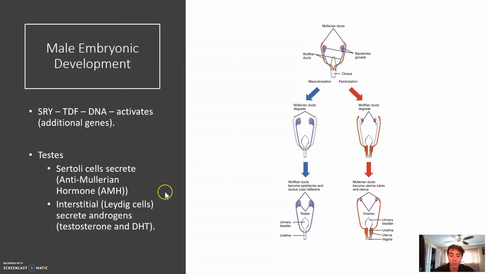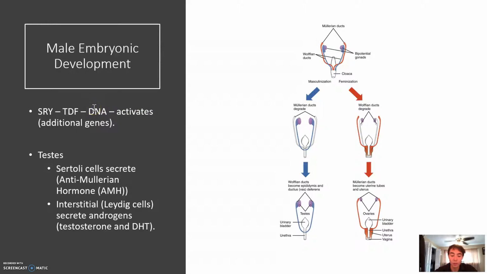The SRY gene produces something called the testes determining factor, TDF, which then will bind to DNA and activate other genes that produce proteins to direct the development of the medulla into testes.